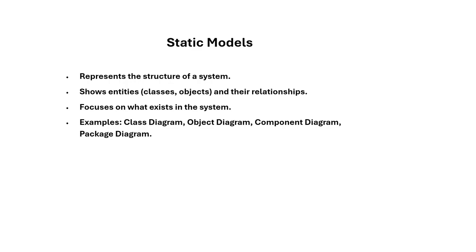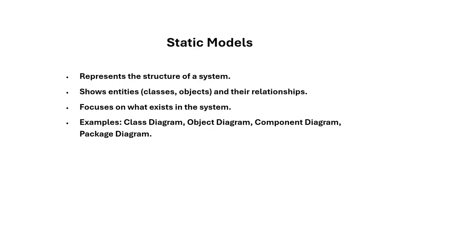UML fits very well for object-oriented systems. With a static model, you show the structure of the system. There is nothing dynamic. The focus is on what exists in the system, the things that go into the system, the parts, etc.